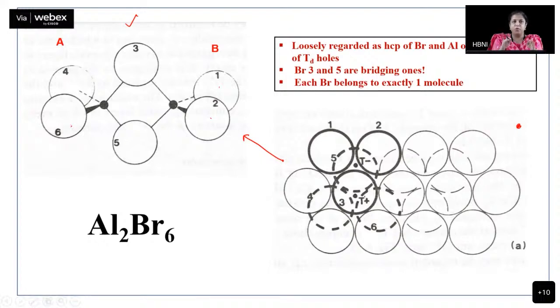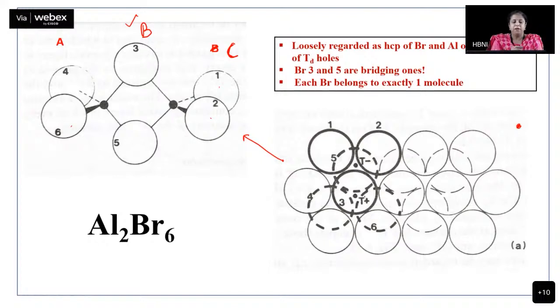Sorry, this is B layer and this was wrong. This is actually C layer. So A and C layer of bromine are staggered. Bromine atoms 1 and 2 are lying directly over 4 and 6, and bromine atoms 3 and 5 are on the voids.